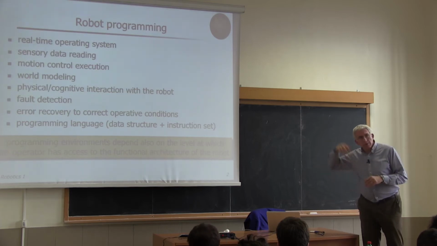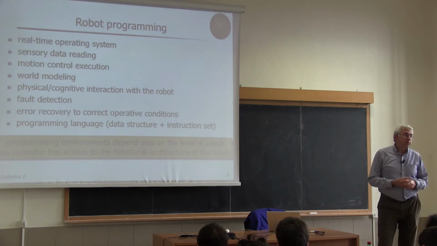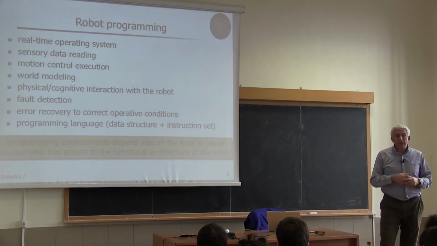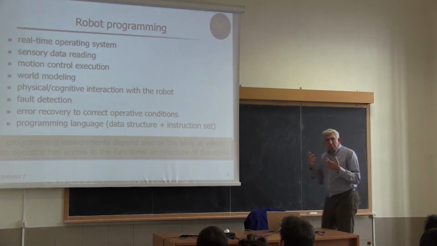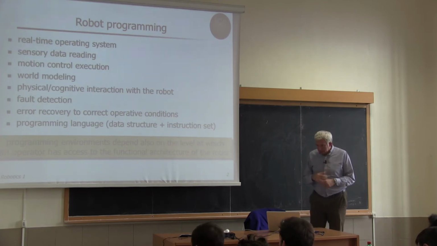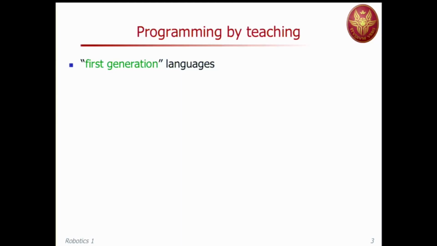This will be clearer in the second part, when we will talk about supervision architecture and how they can be decomposed in a modular way and how they should interact in a rather generic architecture. Okay, so let's talk about history.